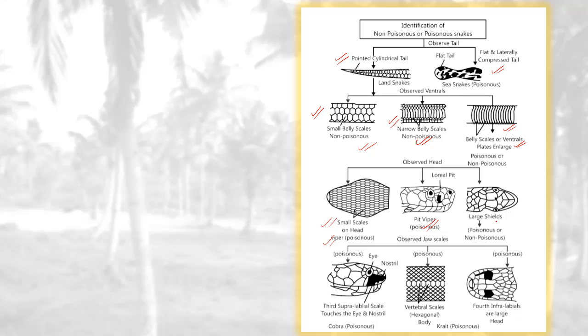Presence of large shields. And the most important is the third supralabial scale, which touches the eye and nostrils. So these are some common differences between poisonous and non-poisonous snakes.